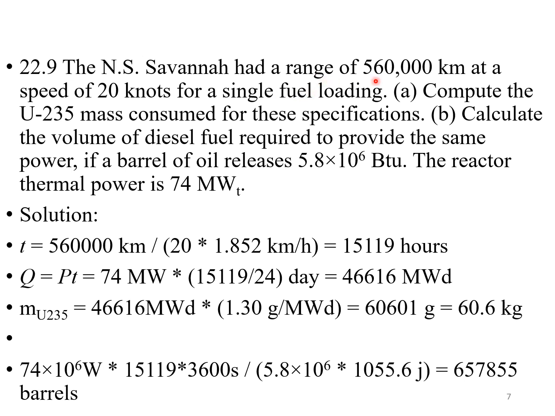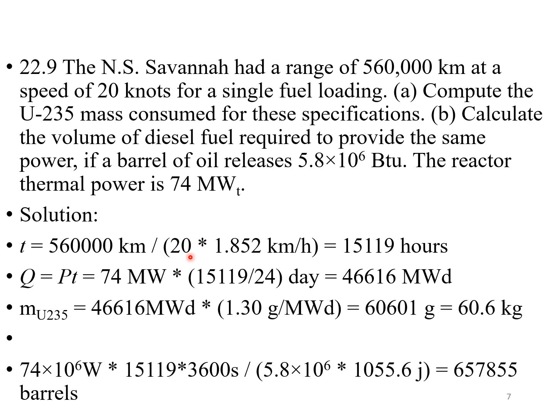We consider that the vessel is traveling this total distance at this speed, so we can get the traveling time. The traveling time t is equal to the total distance over the speed.